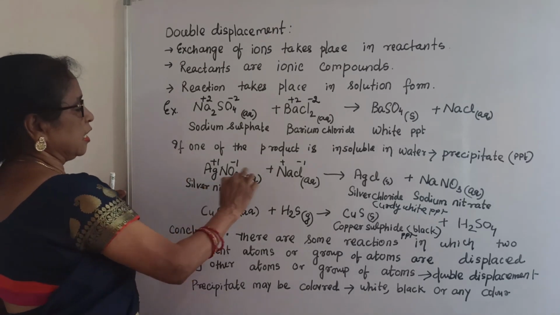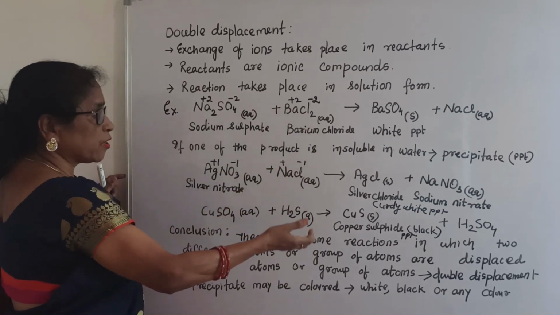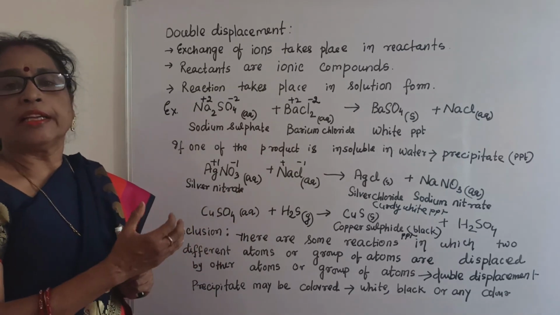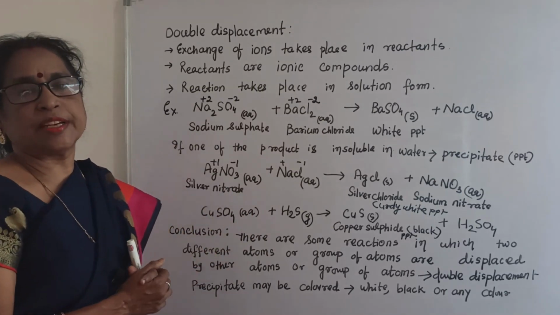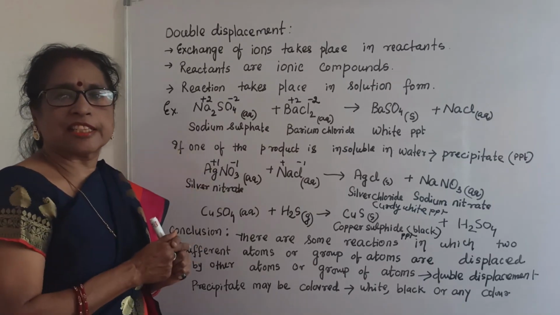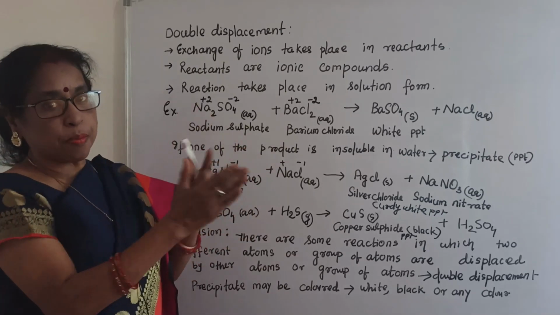Here it is displaced by one atom, or sometimes also by a group of atoms, then it is called a double displacement reaction. Double displacement reaction means ion exchange takes place between two atoms or groups of atoms.